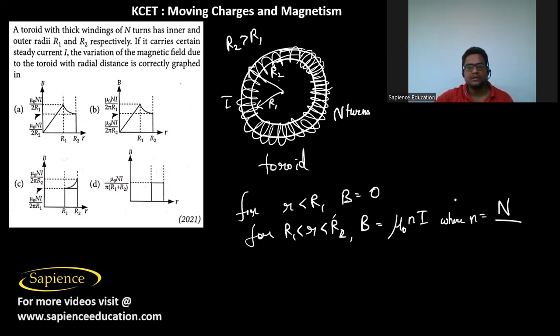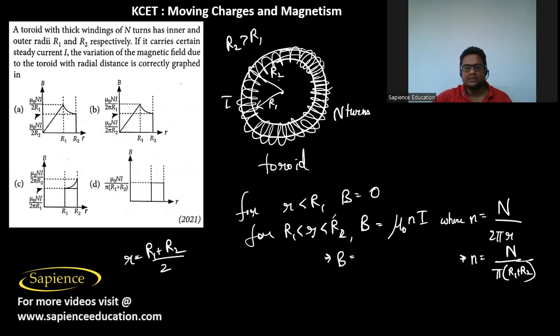The number of turns per unit length is N by 2 pi R, where R is the mean radius, the average radius, meaning R is (R1 plus R2) by 2. Therefore, n will be N by pi into (R1 plus R2). So the magnetic field for R more than R1 but less than R2 is mu naught N i by pi into (R1 plus R2).